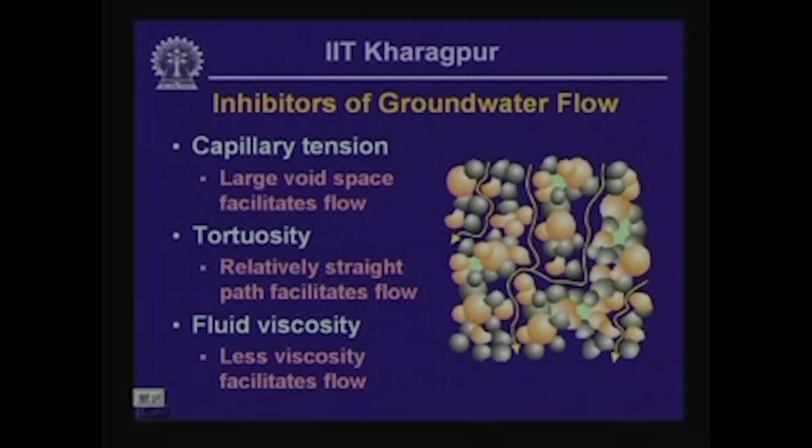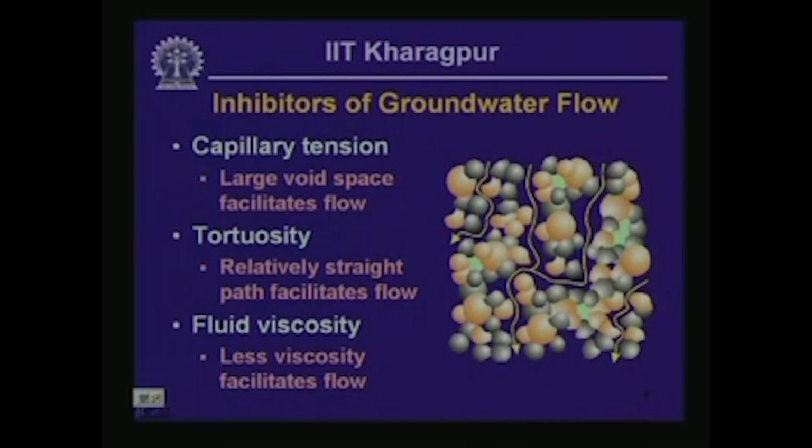Second inhibitor of groundwater flow is when you have got highly bent interconnected pore spaces. If the interconnected pore spaces are relatively straight, then the flow of groundwater through the soil is going to be relatively easy.